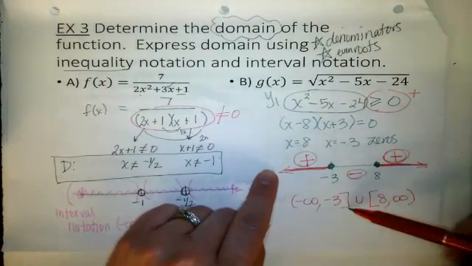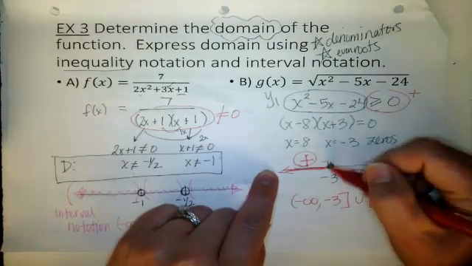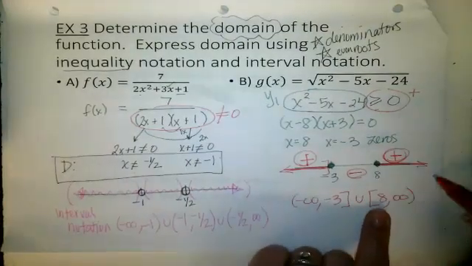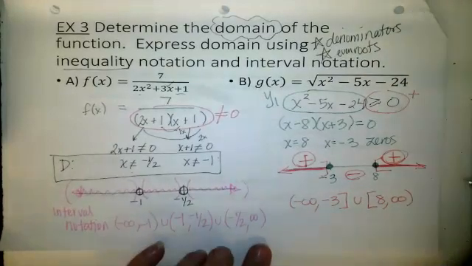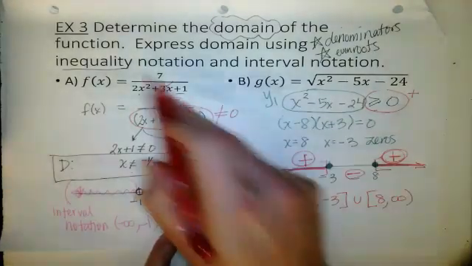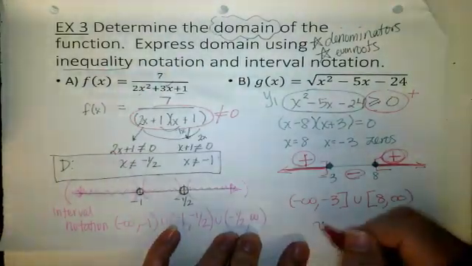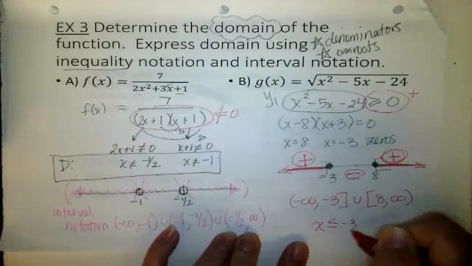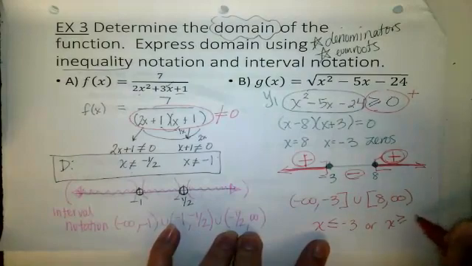How come I'm using a bracket at negative 3? Because we're allowed to equal 0. And then also from 8 to infinity, again with a bracket, because we're allowed to equal 0. This is the inequality notation for the interval notation. The inequality would be x values less than or equal to negative 3, or x values greater than or equal to 8.